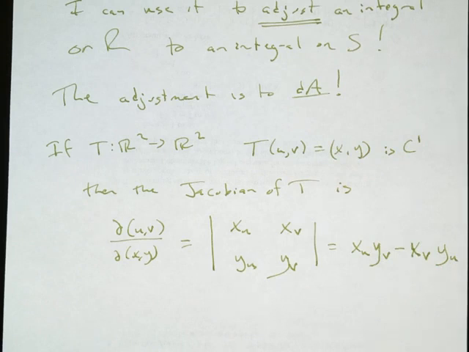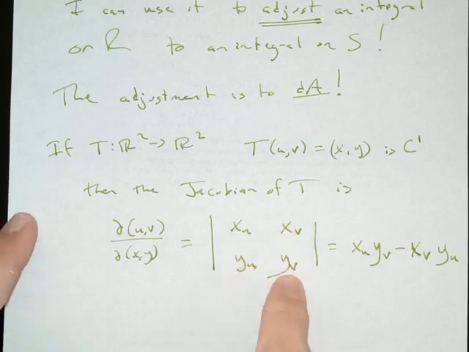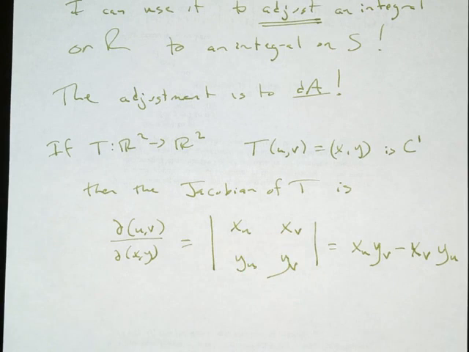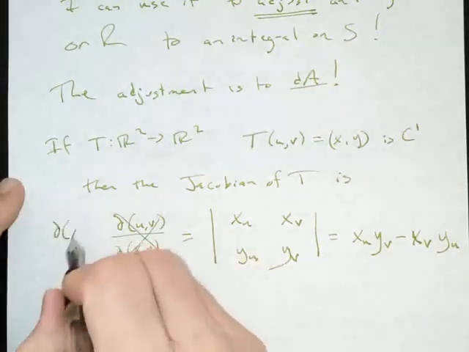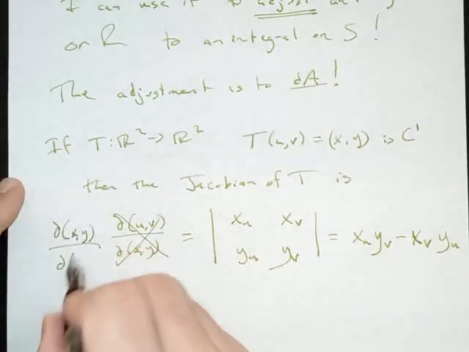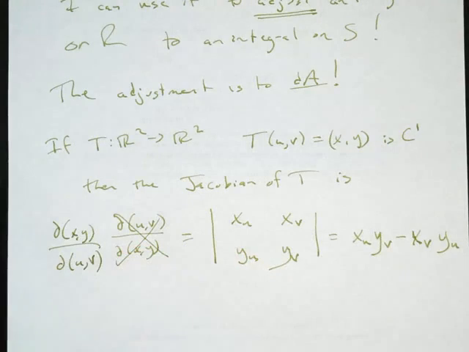And I take the derivatives of the to variables with respect to the from variables. I don't like that. Oh, I've written the notation backwards. That's why that's bothering me. It's partial of xy over partial of uv. So the x and the y, those are the froms, sorry, those are the twos. That's why it's the row of x and the row of y. Rows on top, columns on bottom. Hey, wait a minute.